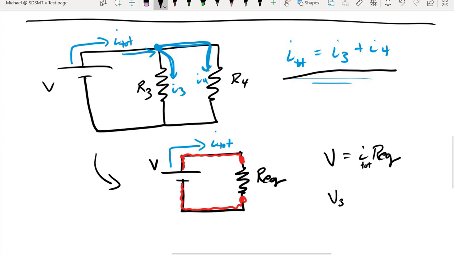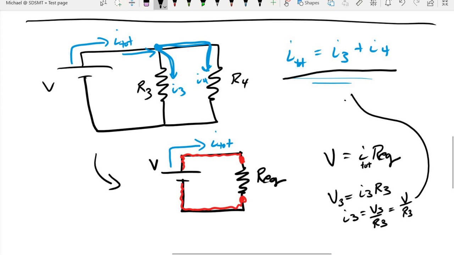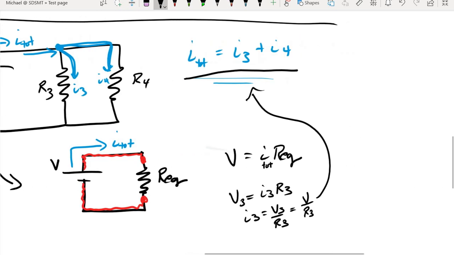Well, Ohm's law for resistor 3 says that current 3 has to equal the potential across resistor 3 divided by resistor 3, except that both resistor 3 and resistor 4 have the same potential. And that is going to get substituted into this equation.